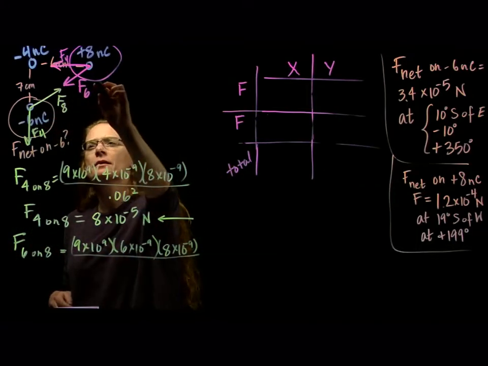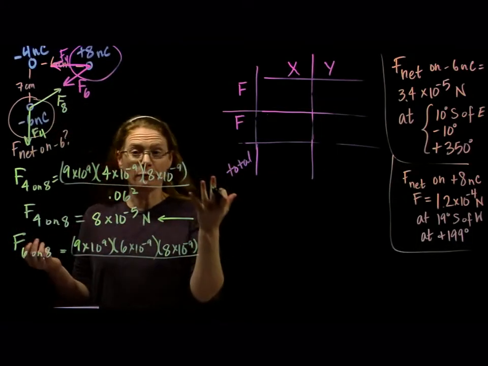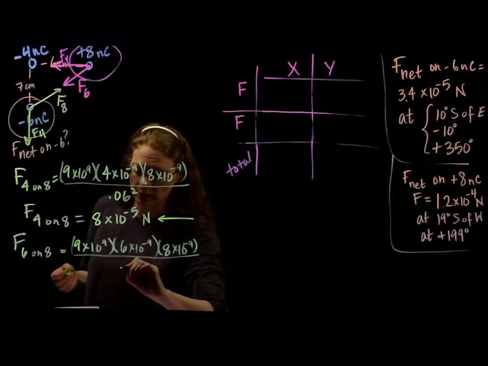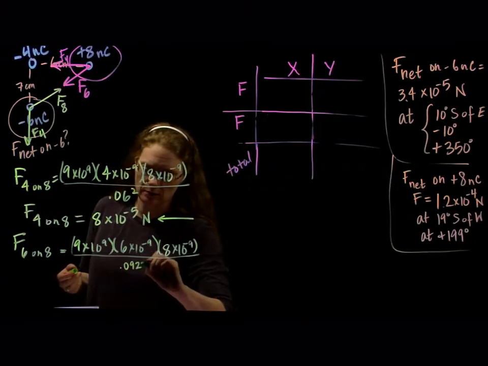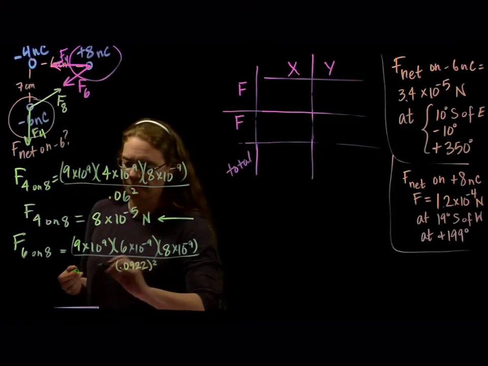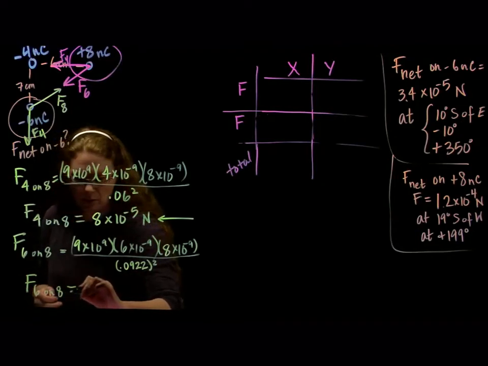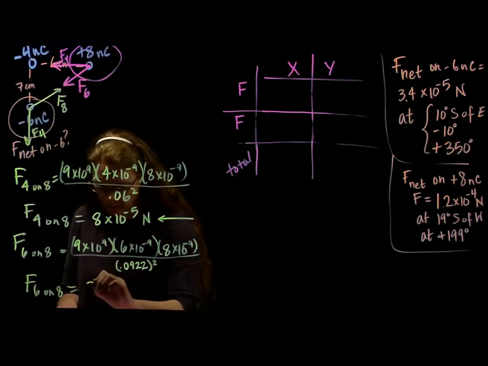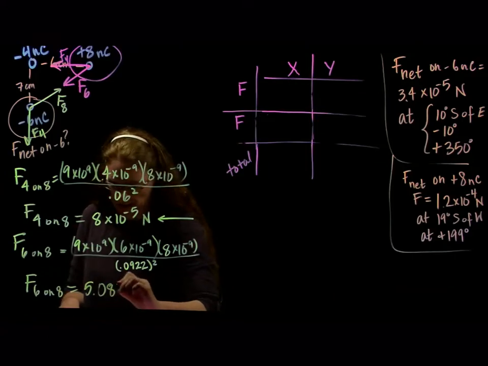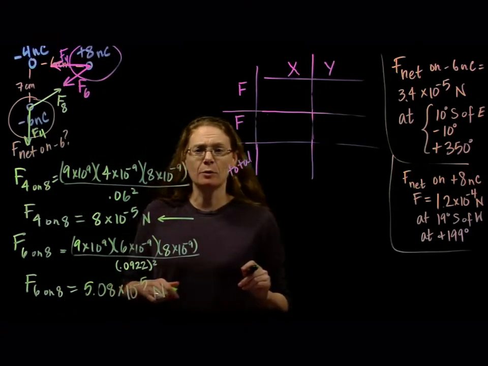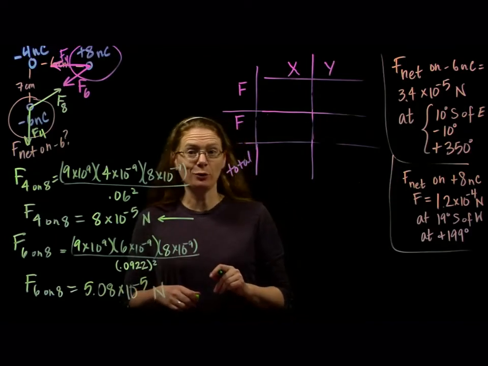That's this distance, which we have from the previous problem, the 9.22 centimeters. Convert to meters and square it. So the 6 on the 8, when you do this math, you get 5.08 times 10 to the -5 newtons. That number sounds familiar. Well, it should.